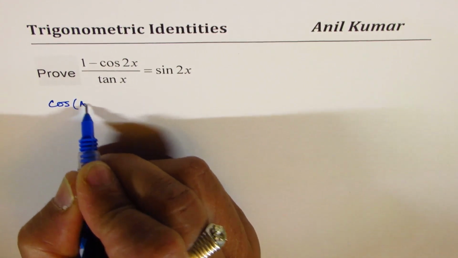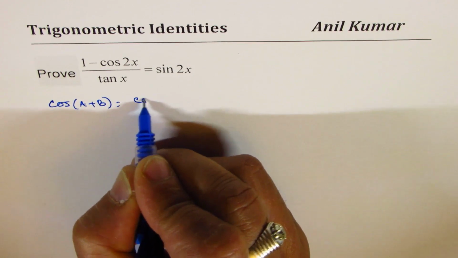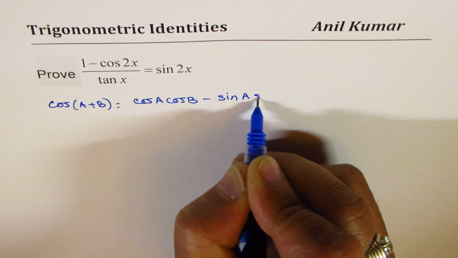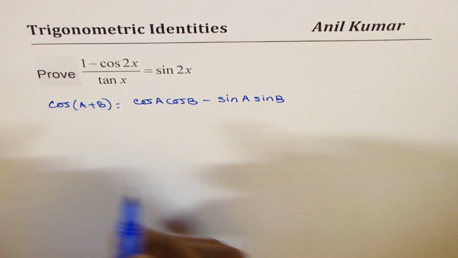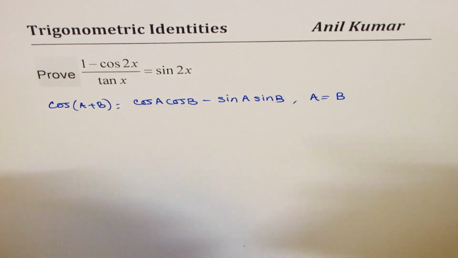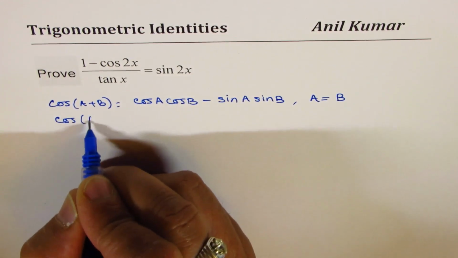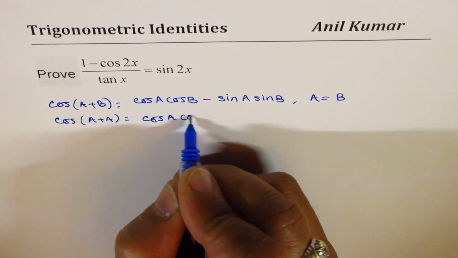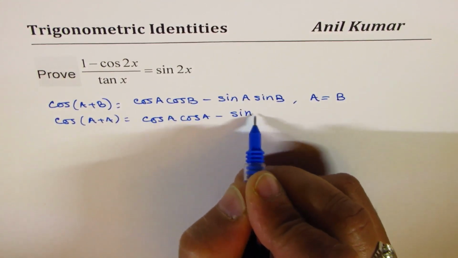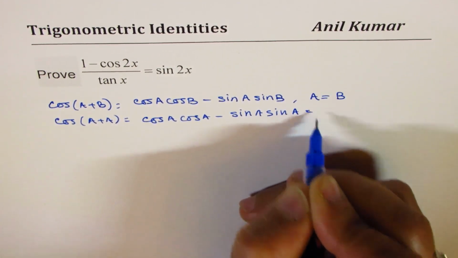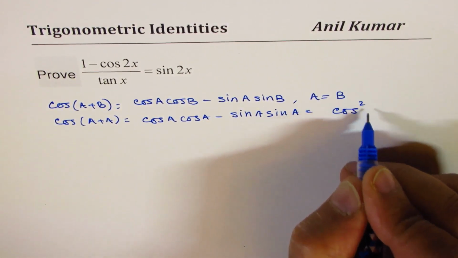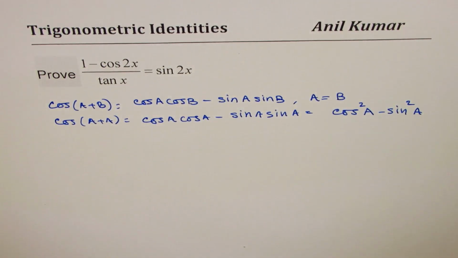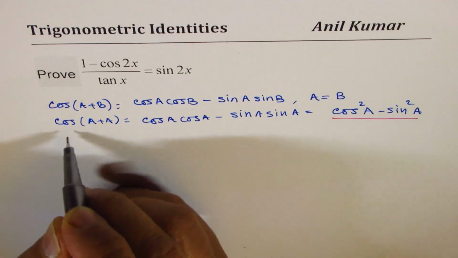If I have cos of A plus B, we could write this as cos A cos B minus sine A sine B, correct? If I make A equal to B, then in that case I could write this as cos of A plus A, replacing B with A. And I get cos square A minus sin square A. So that is one of the double angle formulas for cosine.